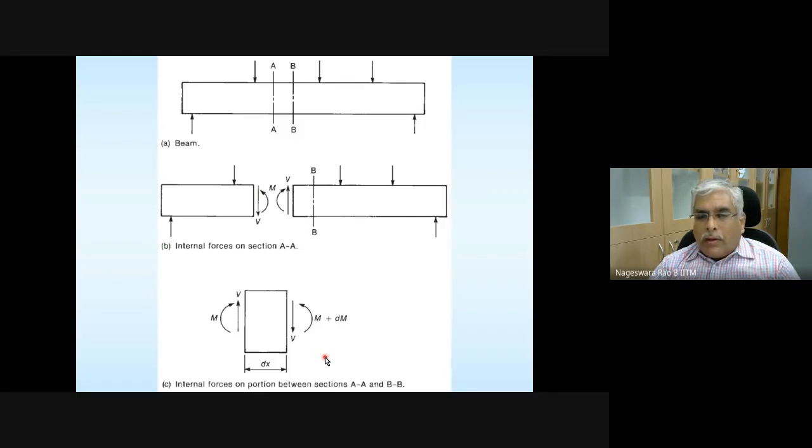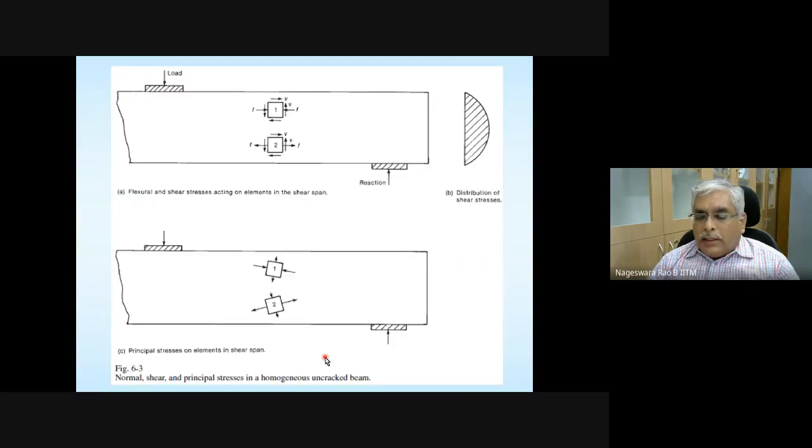Let me go and proceed further. Here a portion of beam is shown. In the previous figure, the details are not given, and here this is part of the support.